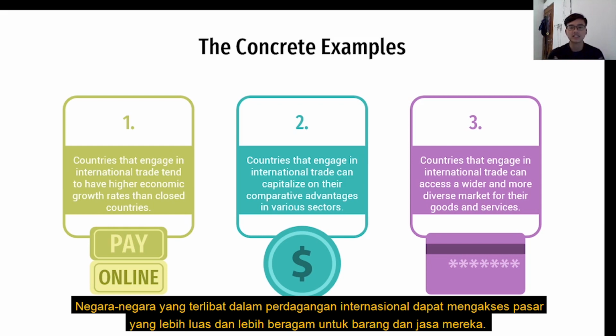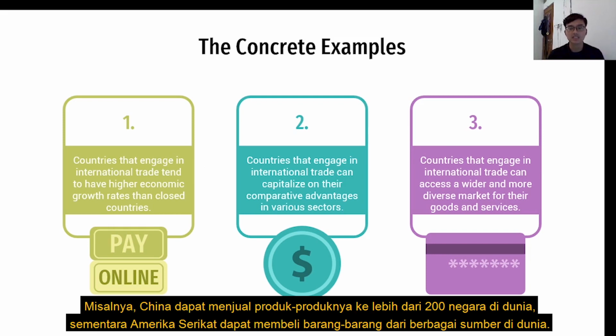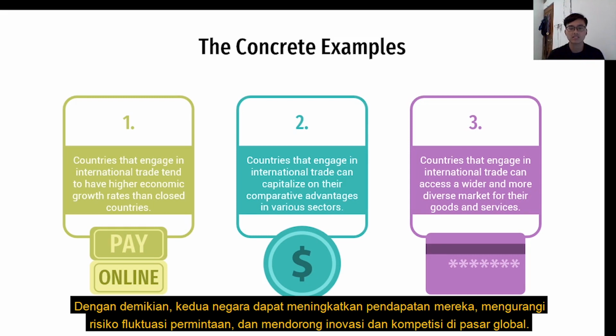Countries can also access a wider and more diverse market. For example, China can sell its products to more than 200 countries in the world, while the United States can purchase goods from various sources in the world. Thus, both countries can increase their income, reduce their demand fluctuations, and encourage innovation and competition in the global market.